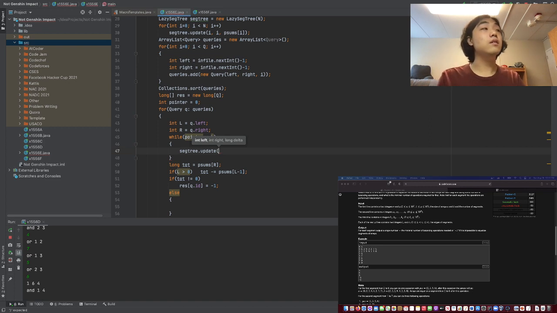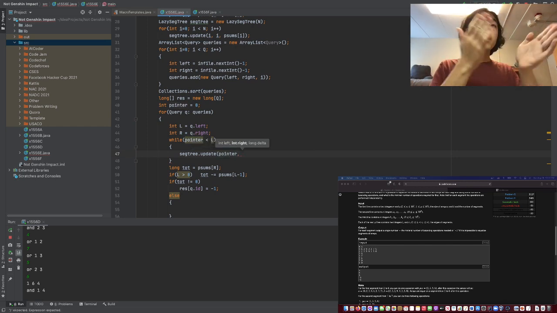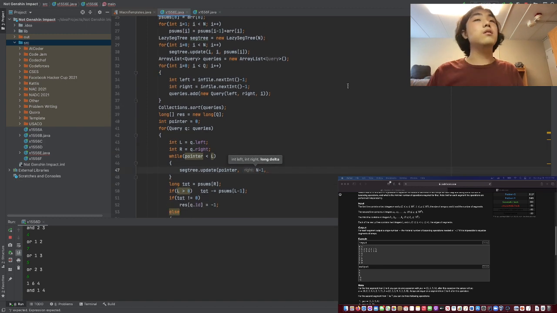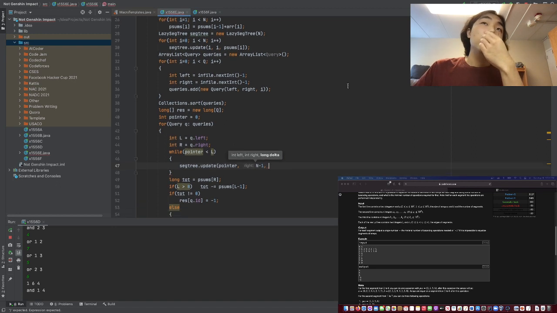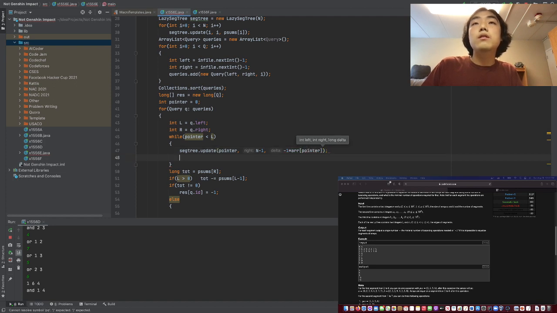Yeah, this element just gets dropped. So it's just minus that. From pointer to n minus 1 because it's inclusive, you want to update it by -1 times array at pointer.